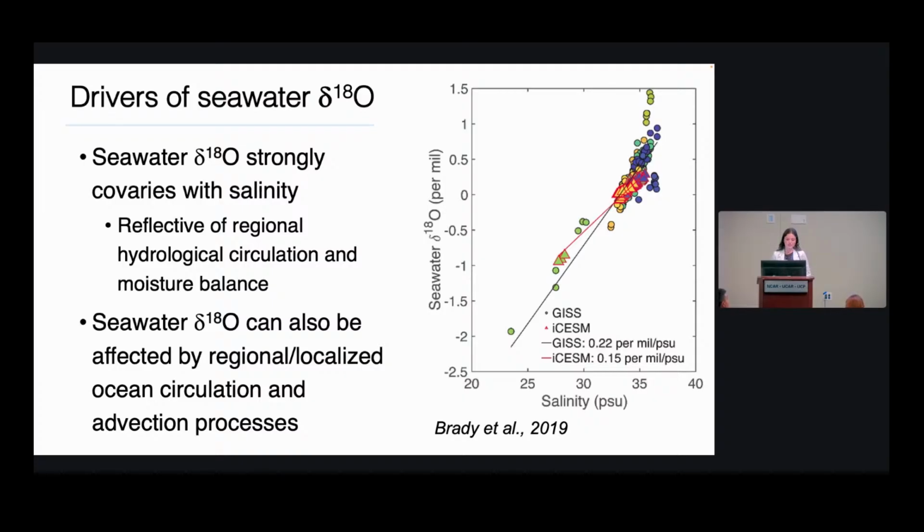So you can see seawater delta O18 becomes more negative or depleted as salinity becomes less, so more fresh. But seawater delta O18 can also be affected by regional or localized ocean circulation and advection processes and incorporates that unique isotopic signature. So it's a little more complicated than a one-to-one comparison.